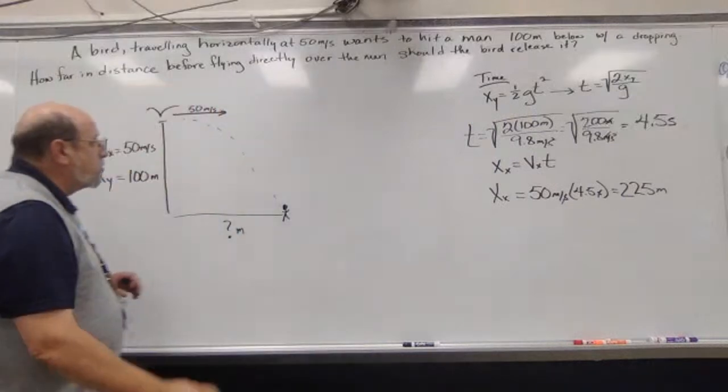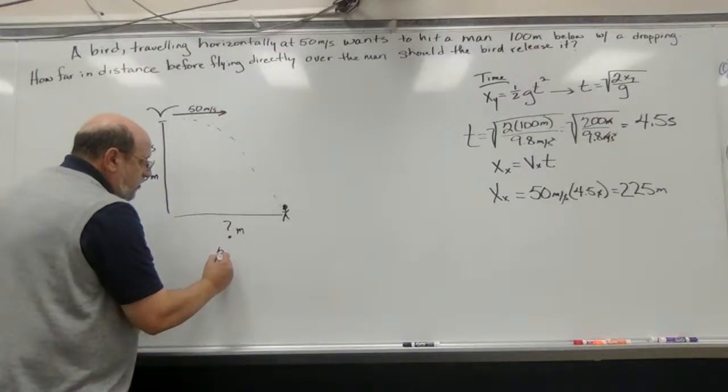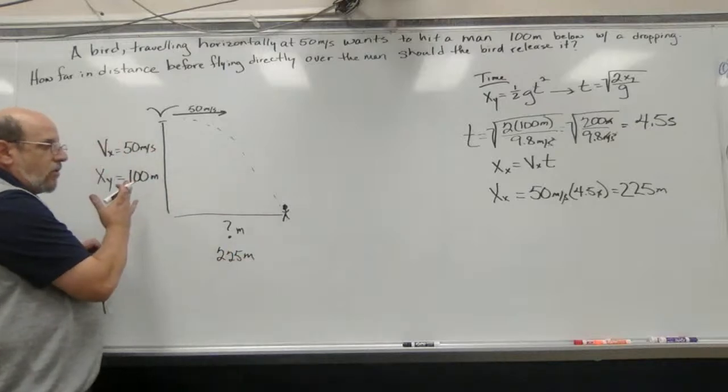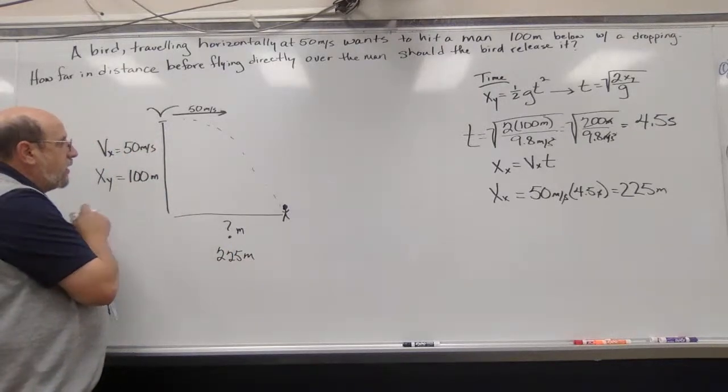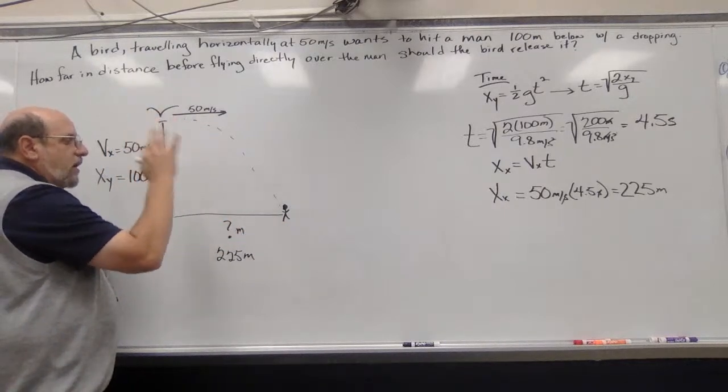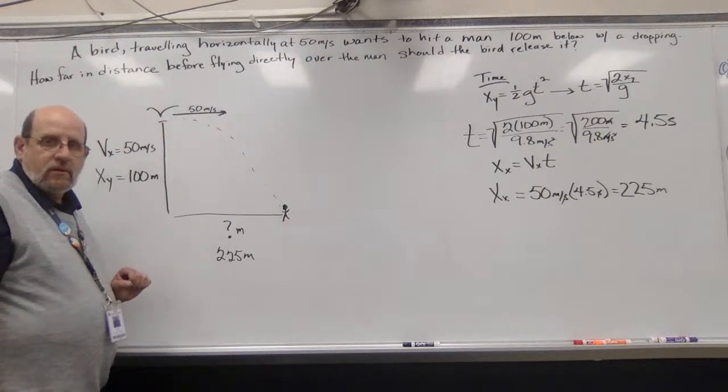So this bird needs to be 225 meters away from the guy, horizontally speaking, to land that dropping on that human.